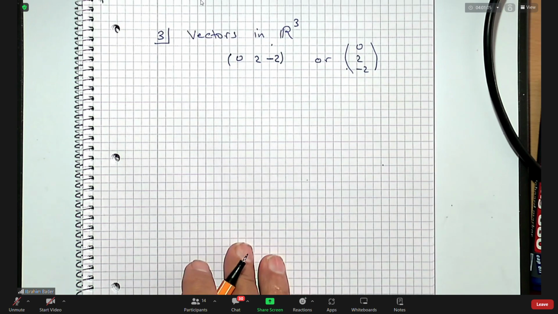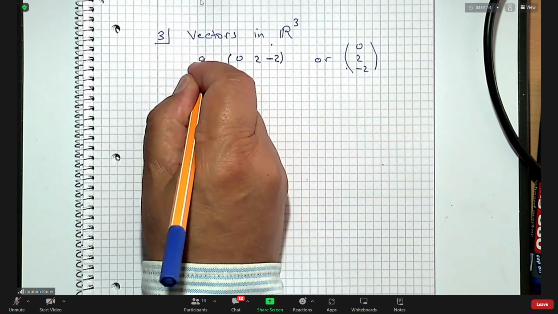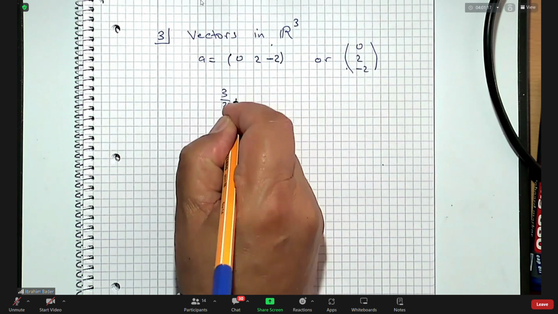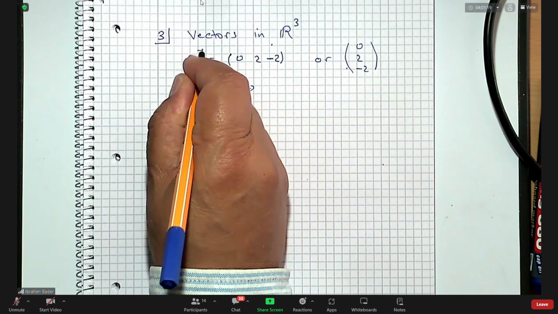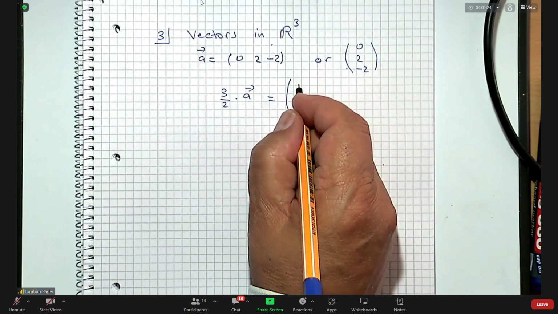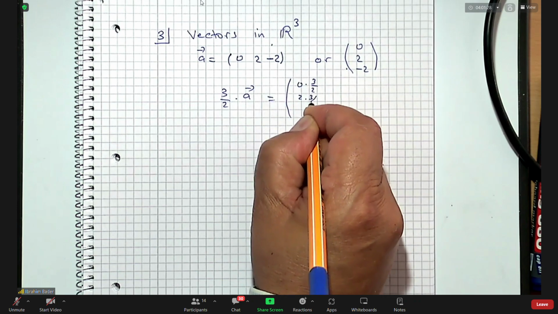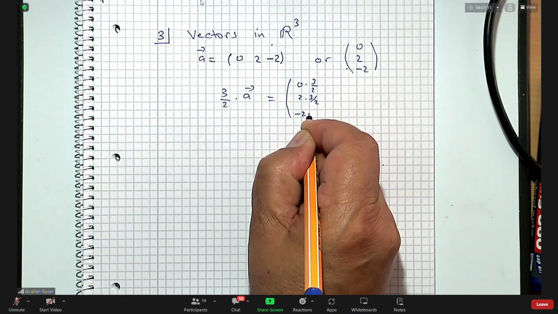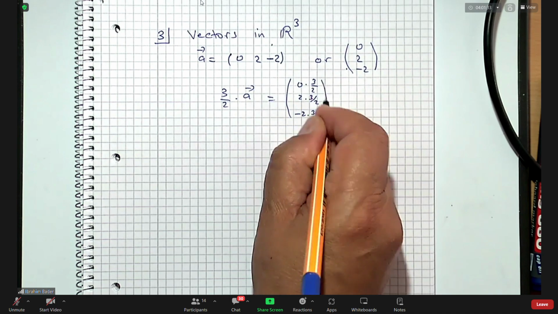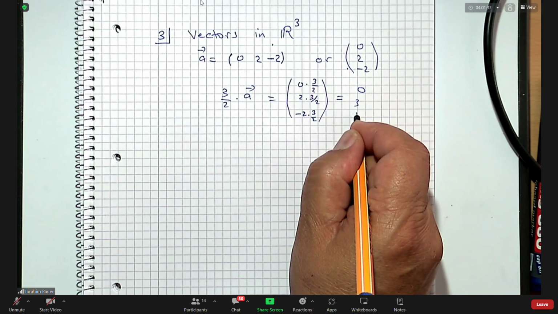Now let's see an example. Things like 3/2 times a. Okay, you just multiply term by term. So 0 times 3/2, 2 times 3/2, and -2 times 3/2. So this will give you 0, 3, -3, right?